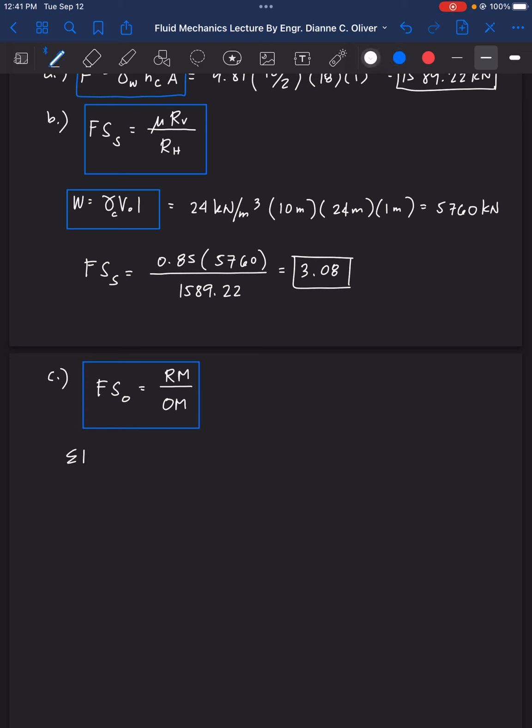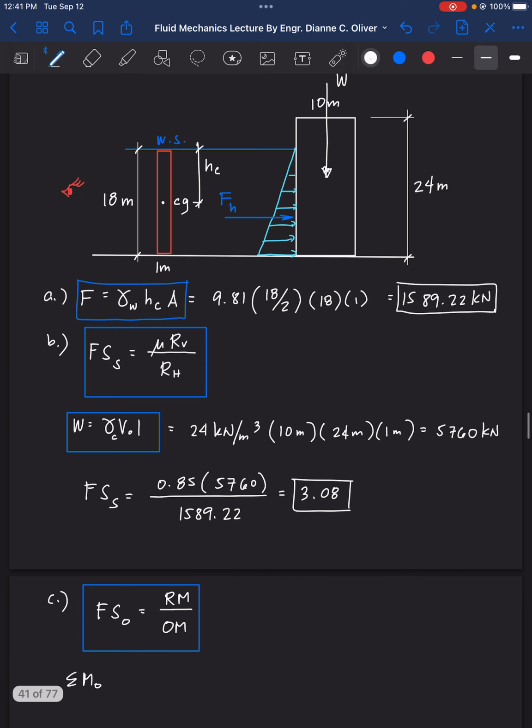So we have the summation of moment at O. So here is our point O. This is our OM, overturning moment, and this is our righting moment, RM.